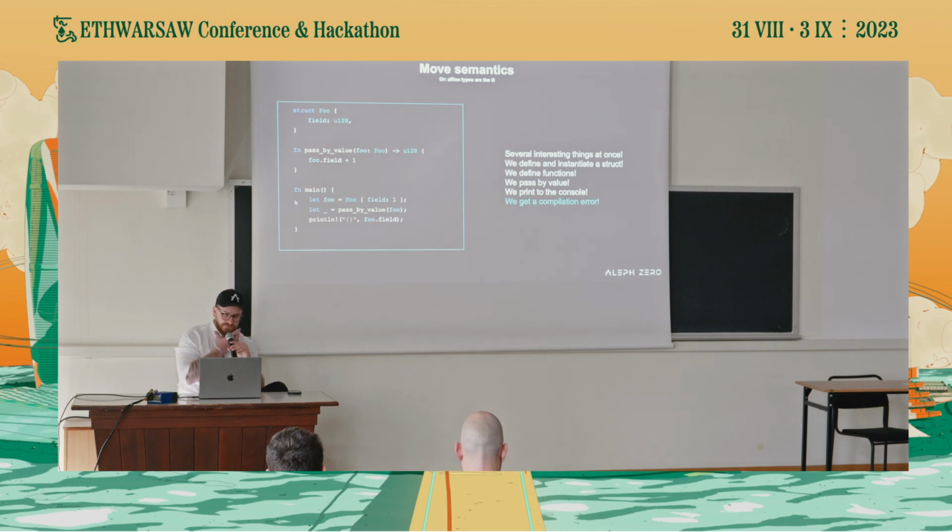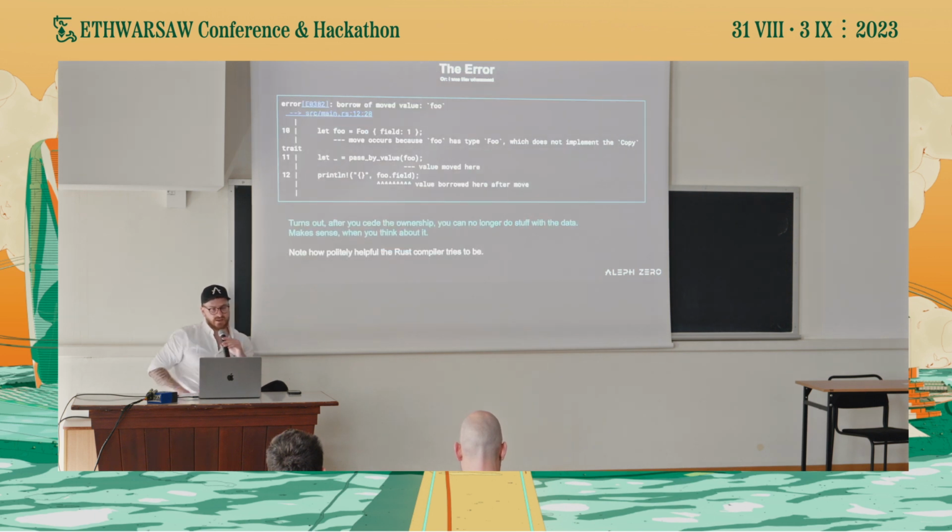So to test how this works, I create this struct, then I pass it to the function by value. Remember what I said, that we no longer own this Foo struct once we've passed it by value. And then I try accessing the field of this struct. And what do I get? I get an error, which is actually quite descriptive, because the compiler pretty much tells you what's happening and how to fix it.